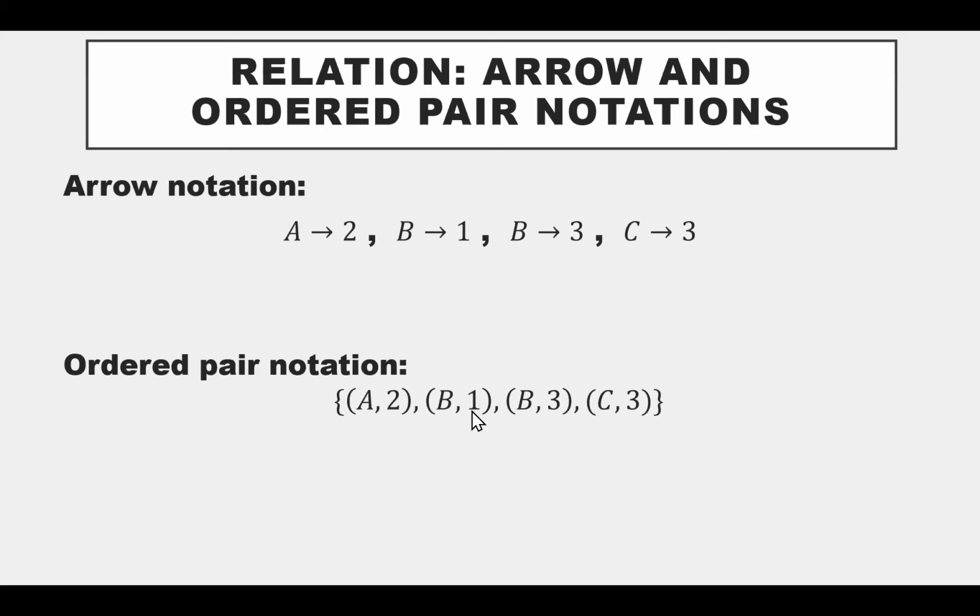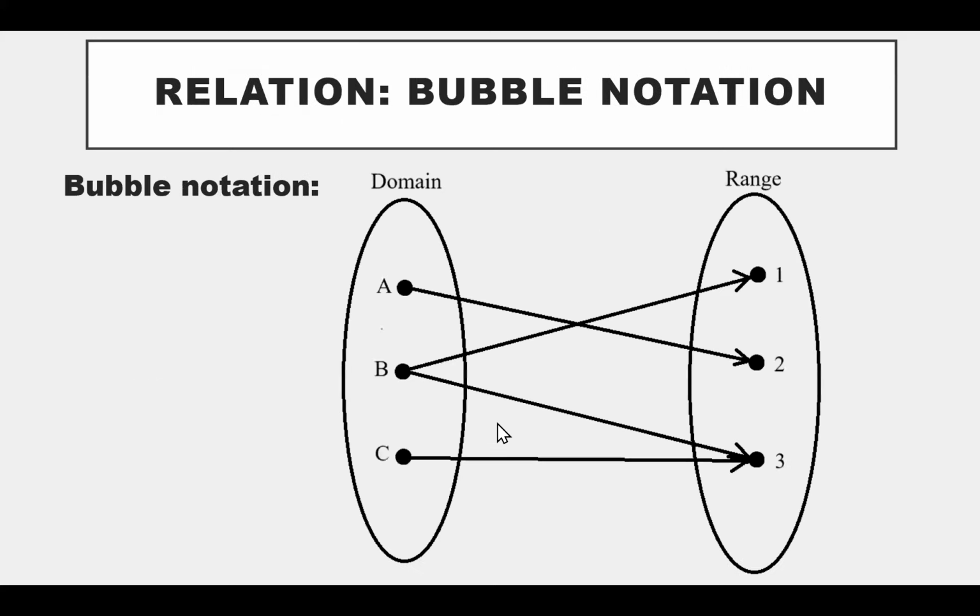Because that single input was sent to 2 different outputs, this relation would not be a function. In the drawing, basically what that eliminates is having 2 arrows out of a single input. So here we had a single input of B. We had 2 arrows pointing out. That is not allowed.